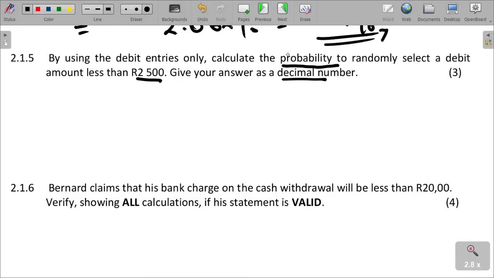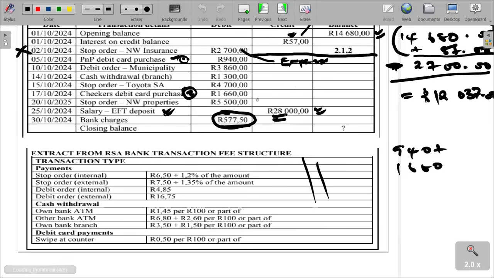So when we go to the debit entries, you must find out how many debit entries we have, and then how many of them have an amount of less than 2.5.